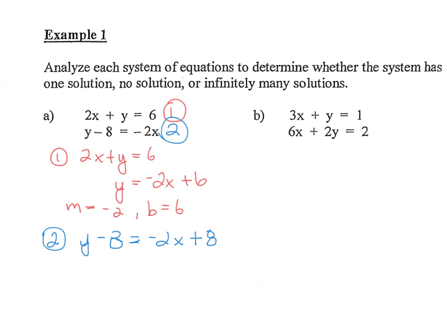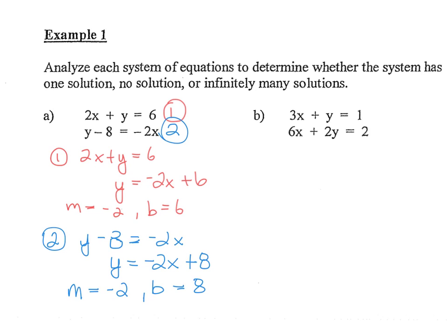Sorry, I went a little bit too far. I moved over the 8. So then we set it up as y equals negative 2x plus 8, and there's our second equation. And in this case, m is equal to negative 2 and b is equal to 8.